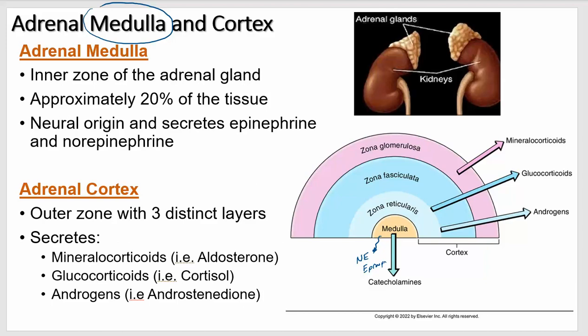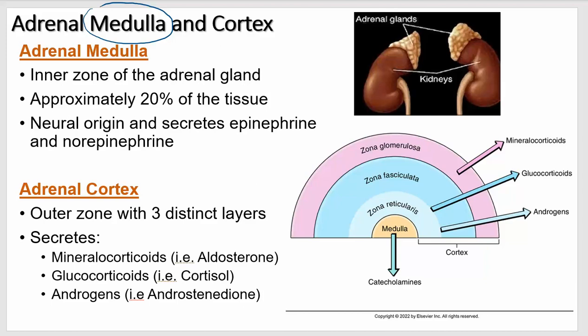Okay, so we've talked about the catecholamines as being hormones, and those are released from the medulla, and we discussed that earlier when we talked about neuro, and we talked about dopamine being released to prevent prolactin release.